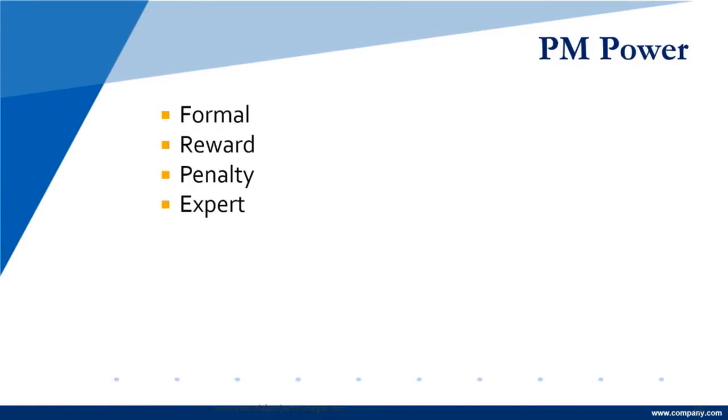Expert power is the power the project manager brings. Remember expert judgment I've talked about for many lectures. Expert power is where you are an expert at project management, perhaps in the industry, perhaps with technology of some sort. And because you are an expert, you are deemed to have power.